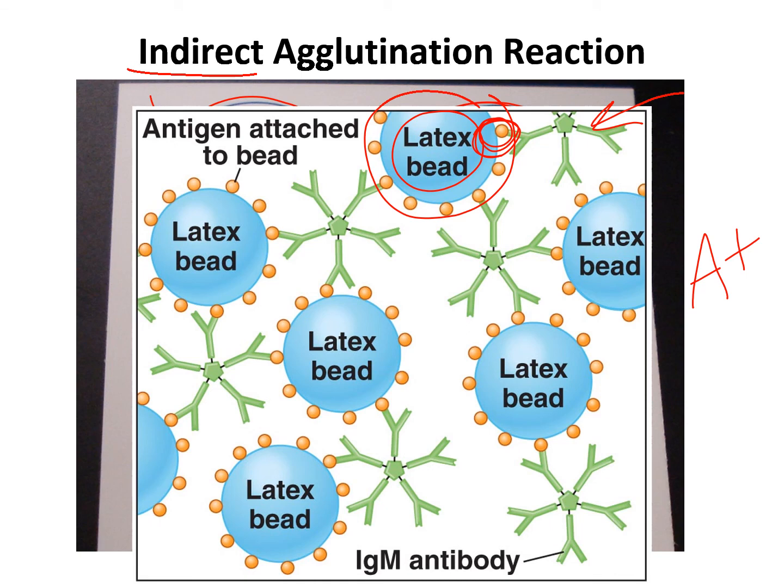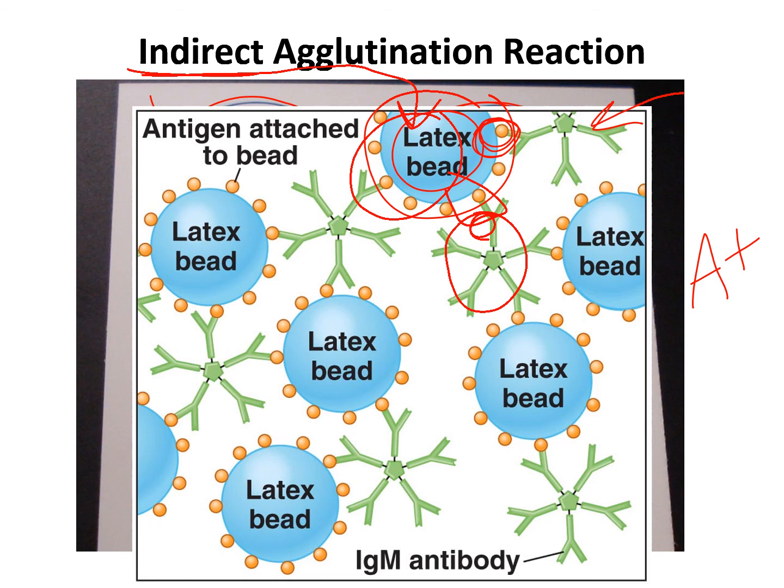Indirect agglutination reactions can also be used to identify the presence of the microbe in a sample. So in this case, again, you're using the latex beads. This time, the latex beads have the antibodies bound to them, those monoclonal antibodies that you generated against that particular antigen.